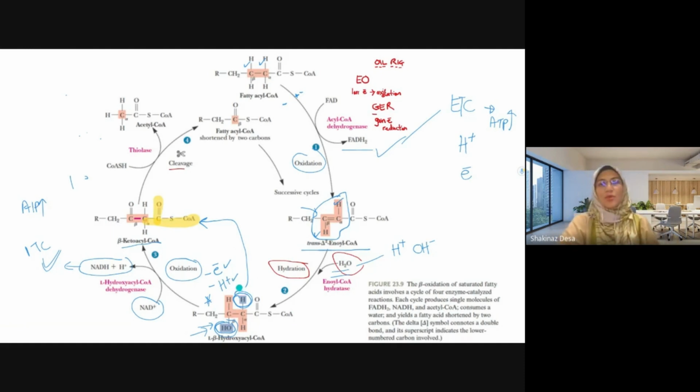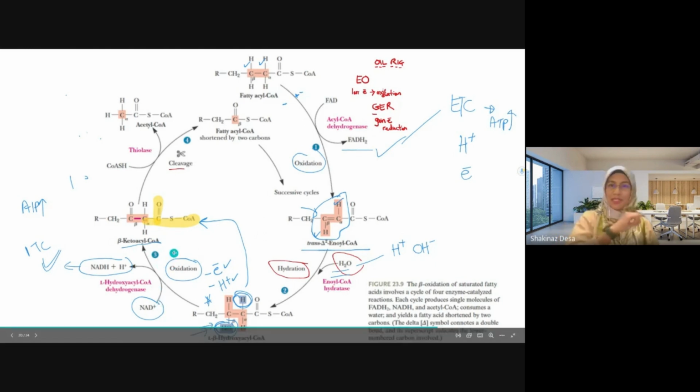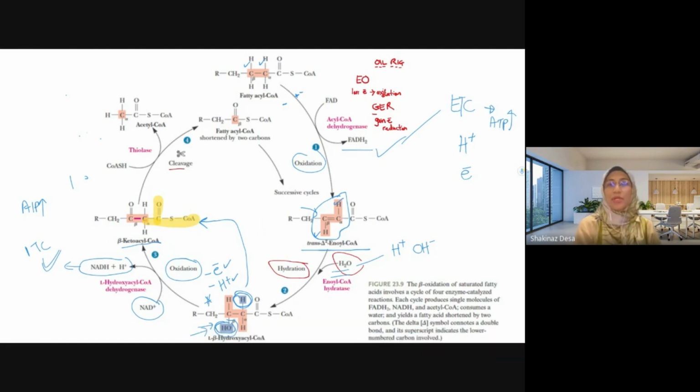This hydroxyacyl CoA will go again to a process known as oxidation. Tadi dah berlaku oxidation. Berlaku lagi another step of oxidation. This oxidation will lose electron, lose hydrogen ion, sama juga. And what happens? This time bukan FAD yang menerimanya. This time NAD plus.